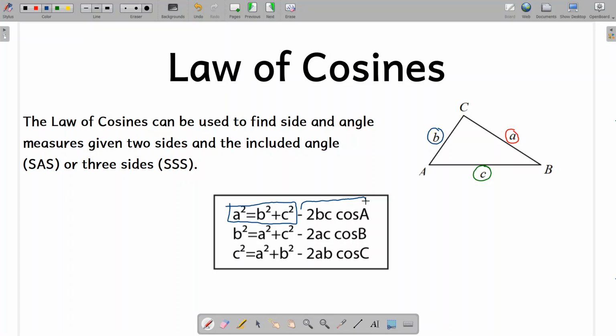The two other sides that you know go on the other side of your equal sign. The B and the C, whatever letters go here, are going to match up with whatever letters you had right here. And you're always going to be taking cosine of the angle across from the side you're looking for. Now, I know I just made a huge scribbly mess on the screen, but when we go through an example, it's going to make a lot more sense to you.